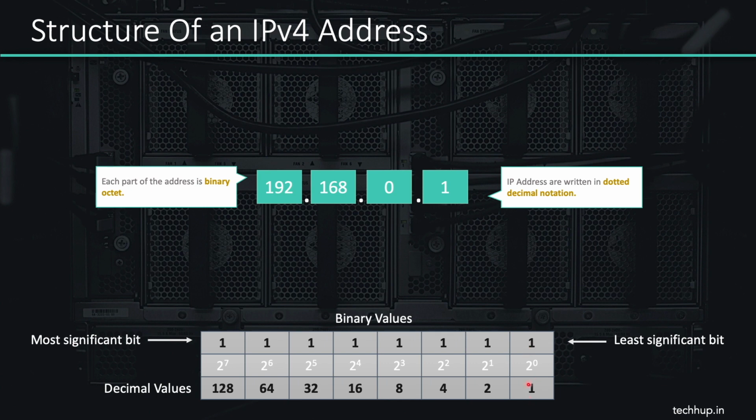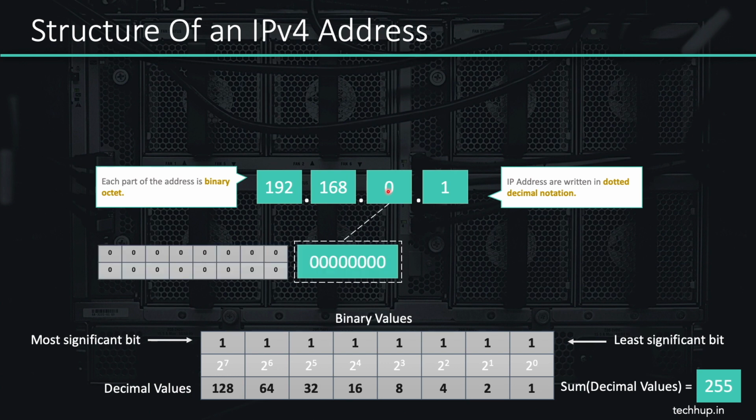If you have a 0 anywhere, as an example in the third octet, all the corresponding decimal values are 0, so all the binary equivalents would be 0.